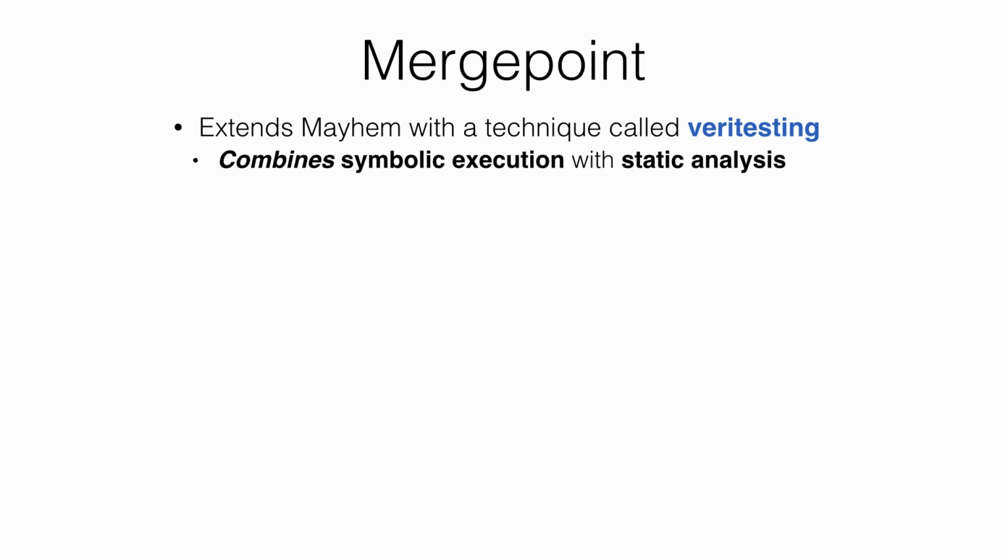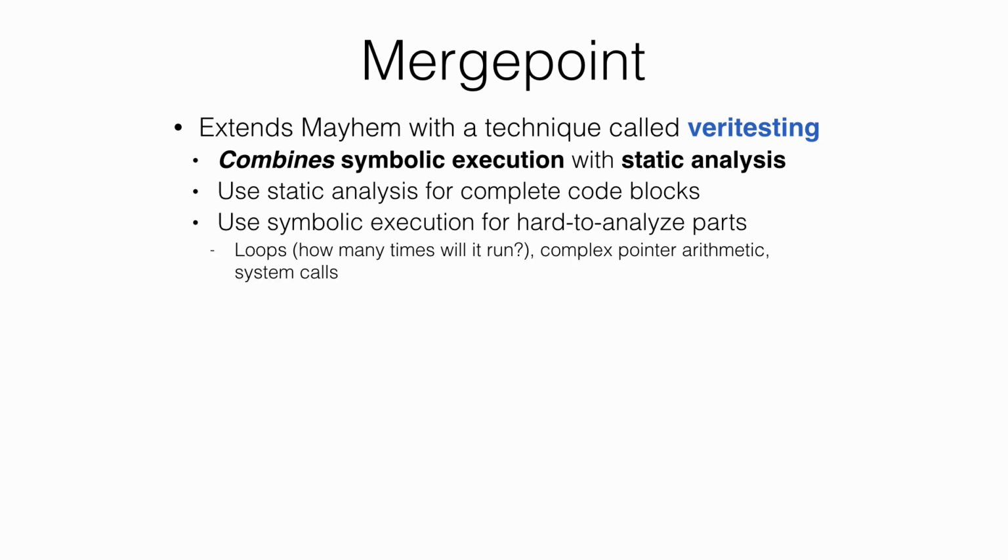In further developments from the Mayhem work, the same group produced MergePoint, which uses a technique called veritesting, and in this case it combines symbolic execution with static analysis. What it does is use static analysis for complete code blocks, so it will analyze a straight line piece of code, and in so doing, basically convert it into a formula that can be used by an SMT solver to ask a question about the program's execution.